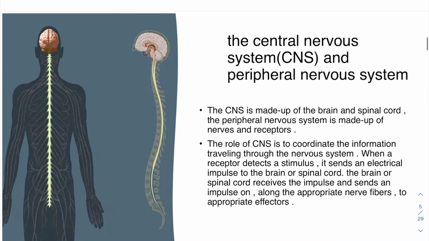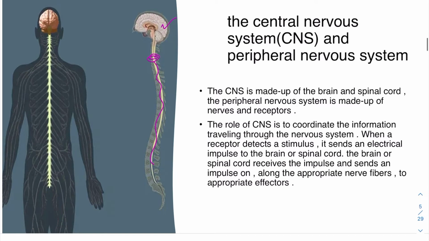In the human body there are two nervous systems. One is the central nervous system and another one is the peripheral nervous system. So the central nervous system contains the brain and the spinal cord, as you see here.